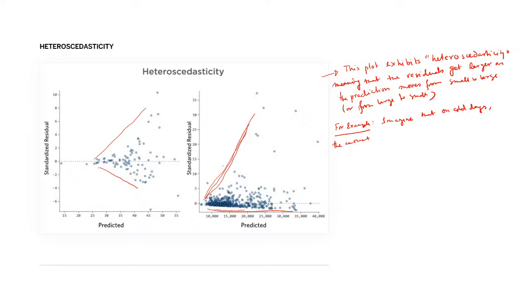Just by observing the residual plot, we can easily say whether your model is suffering from heteroscedasticity or the assumption of linearity does not hold. So actually I concentrate only on the residual plot, not the taste. Okay, clear?